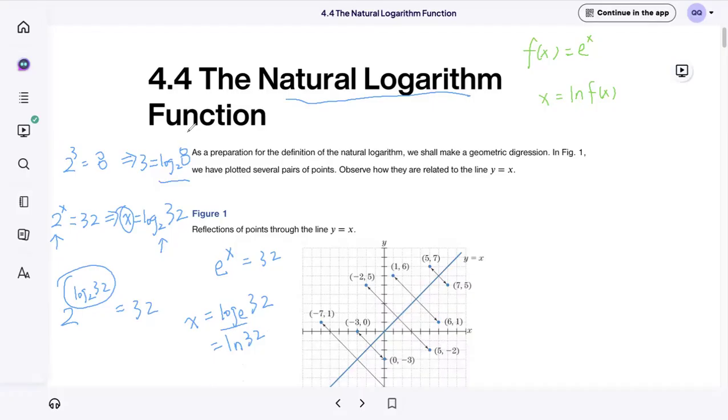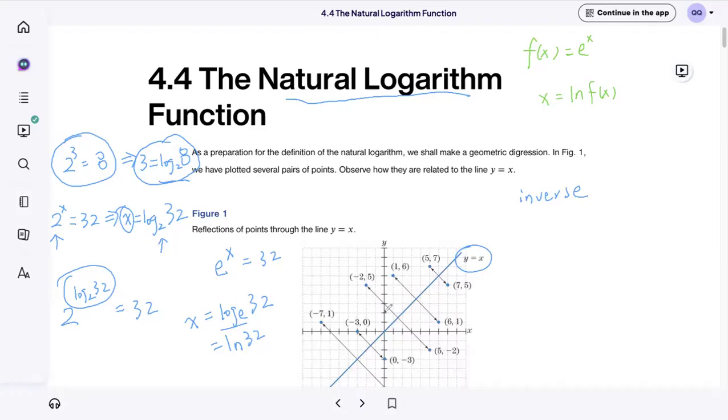All right, so we can switch an exponential equation into a logarithmic equation. That means these two have a very close relationship. If we make them functions, those two functions are inverses of each other. So the graphs of them are symmetric about the line y equals x.